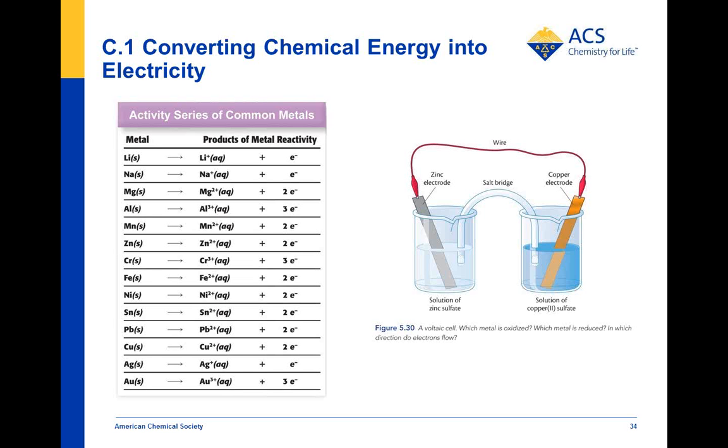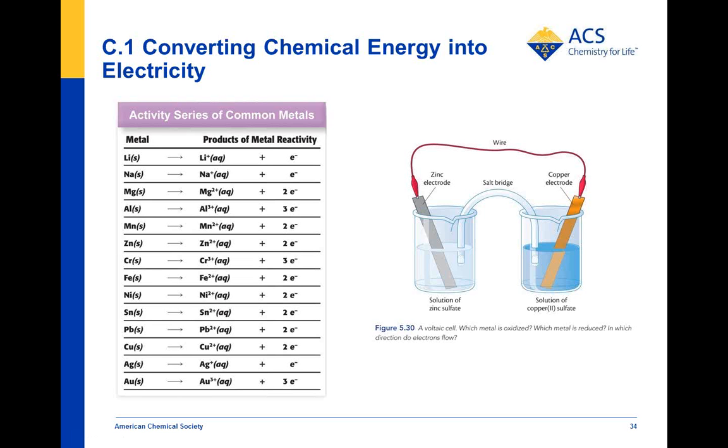Now we're really looking at the element, and we're looking at them as reduction reactions. And so you have the ions that are formed and the number of electrons that are generated. The other diagram is one that they'll get very used to, and that is the diagram of a relatively basic voltaic cell, where you have the copper electrode in the copper-containing solution, copper sulfate.